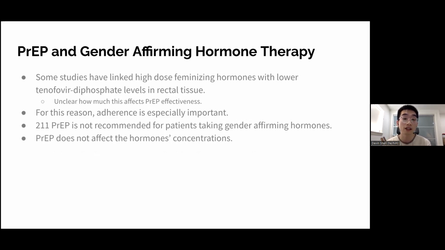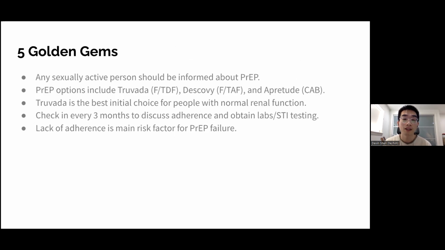For this reason, adherence is especially important for people who use PrEP and gender-affirming hormones at the same time. And 2-1-1 PrEP, which is intermittent dosing, is not recommended for patients taking gender-affirming hormones. Conversely, PrEP does not affect hormone concentrations, so the patient does not need to change the level of the hormones that they take.